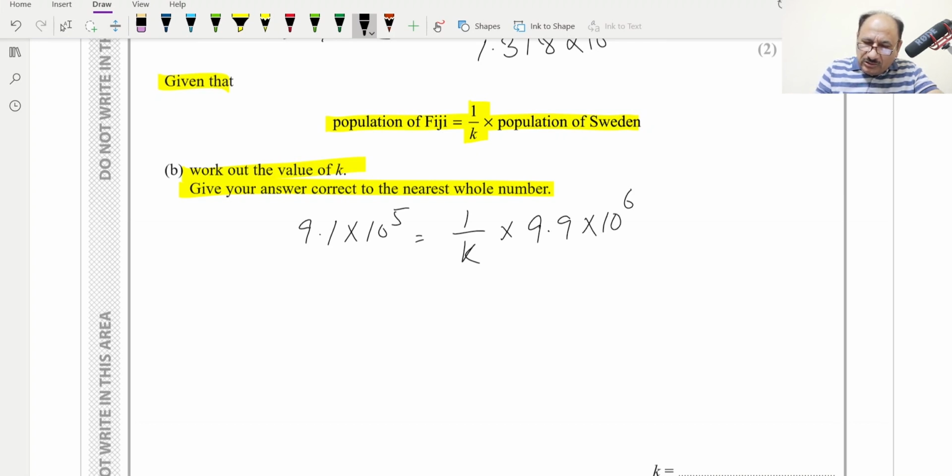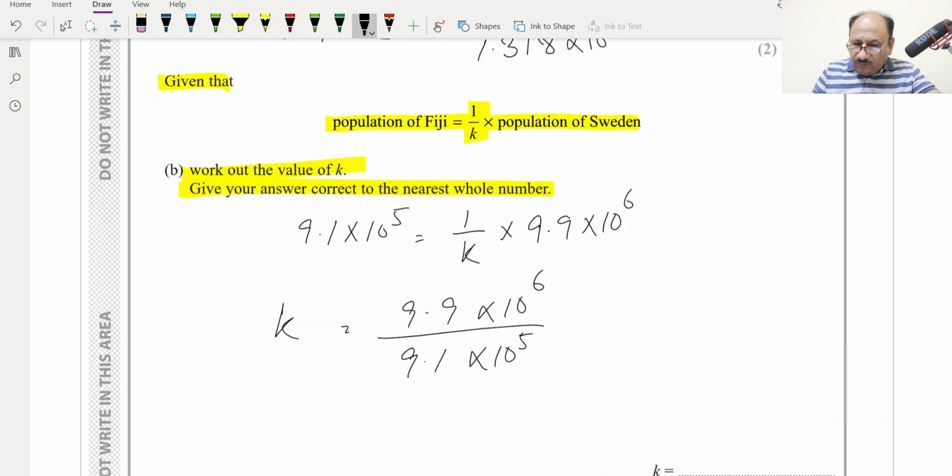Now k we can shift to the other side, and this term we can shift to this side. So k will be equal to 9.9 into 10 raised to 6 divided by 9.1 into 10 raised to the power 5.